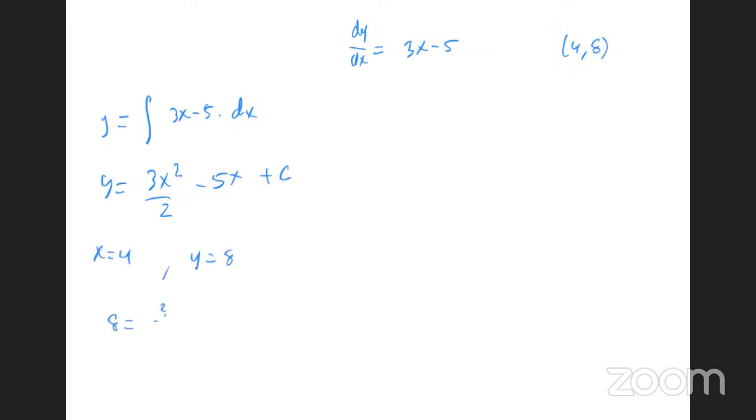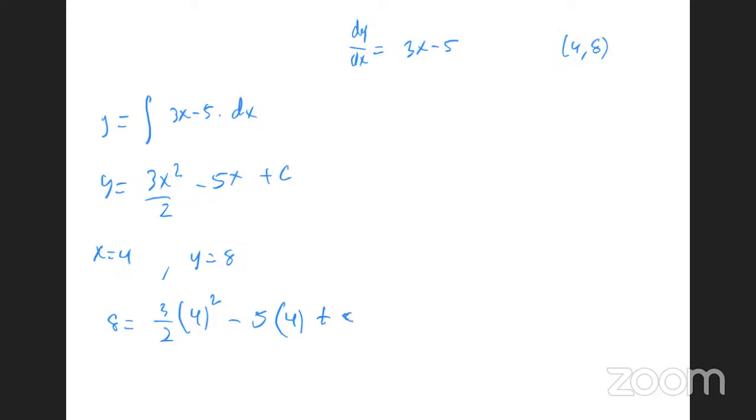So 8 is equal to 3 over 2 by 4 squared minus 5 by 4 plus c.